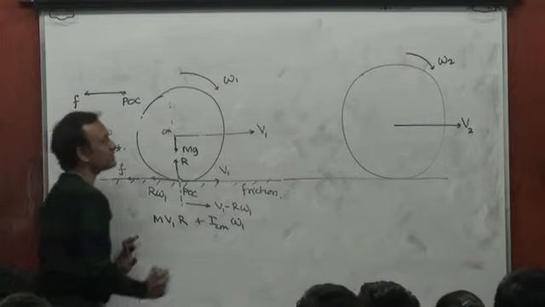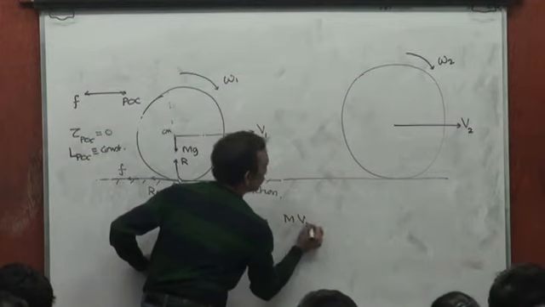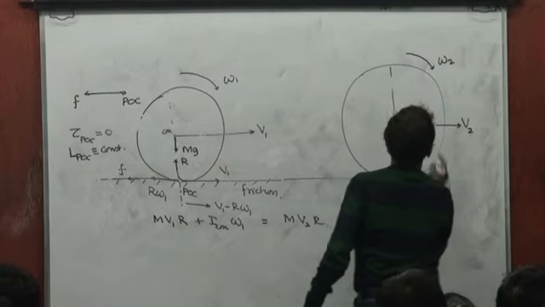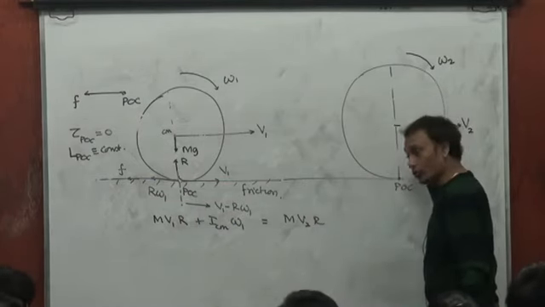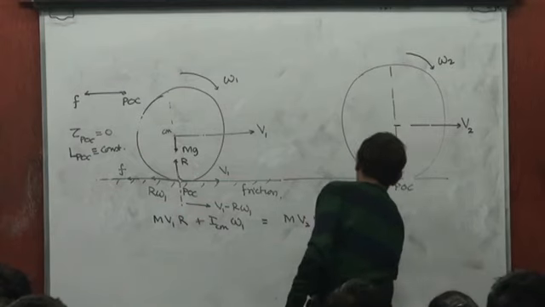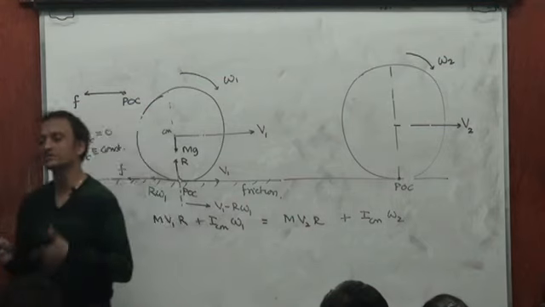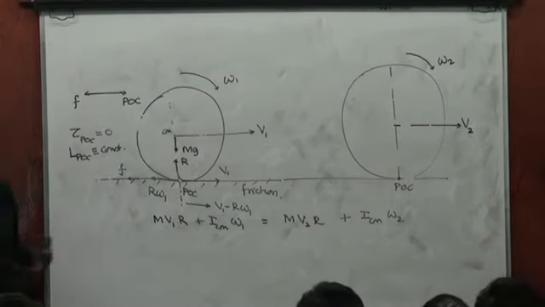What's the final angular momentum? mv2 into r about the point of contact plus ICM into omega 2. That's conservation of angular momentum.